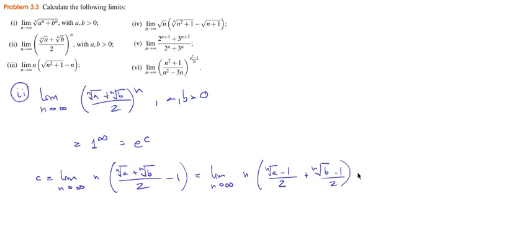We can separate these two limits: the limit of n times the nth root of a minus 1 over 2, plus the limit of n times the nth root of b minus 1 over 2. These are basically the same limit. The only thing that changes is that we have a here and we have b here. So if we compute one, we will know both, because we just need to express the result in terms of b.